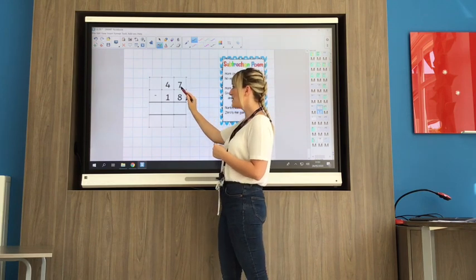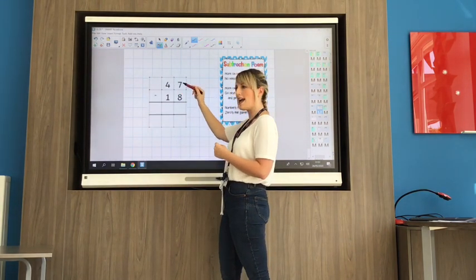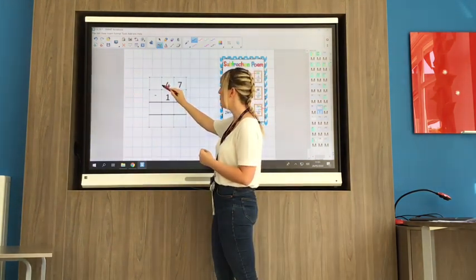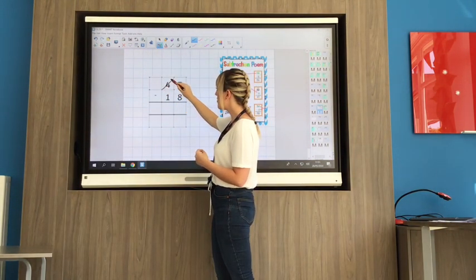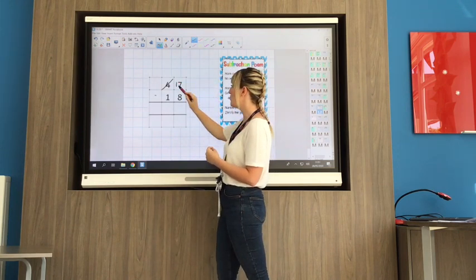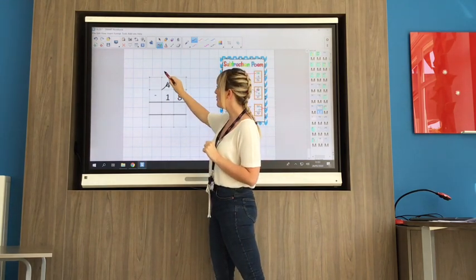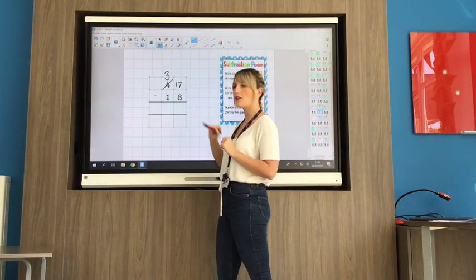So what I need to do is I need to make this 7 bigger so I can subtract 8. So I need to go to my tens column and I need to borrow 10. So it says go next door and get 10 more. So if I have 1 ten away from 4, I'll be left with 3 tens. So that number changes to a 3.